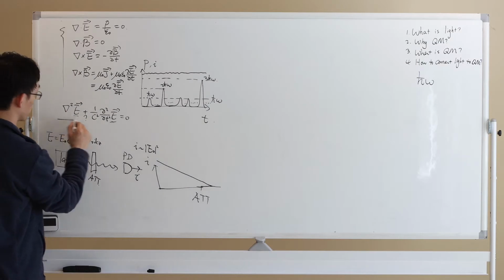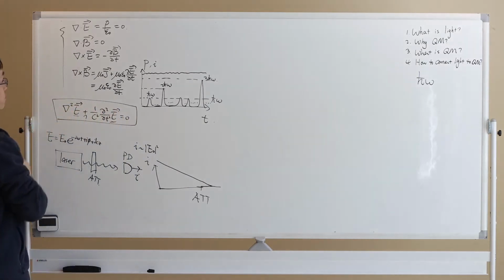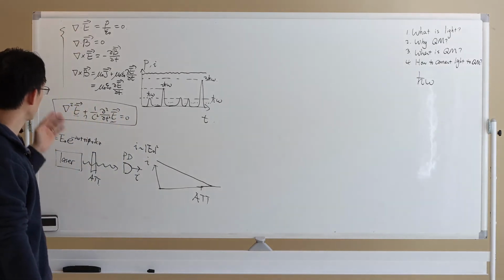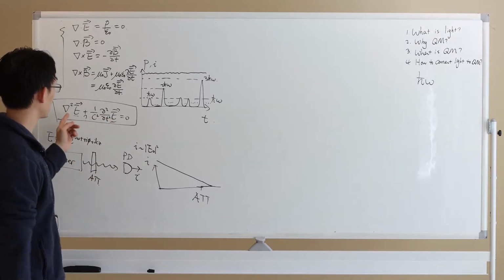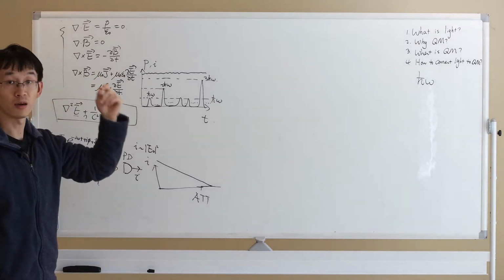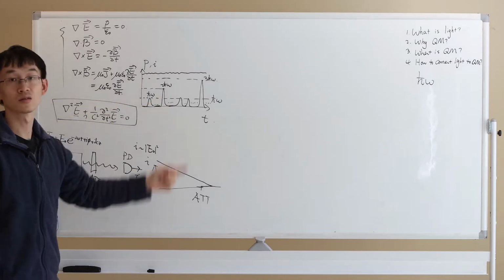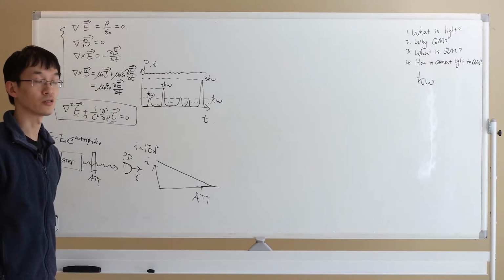Because when you look at your Maxwell equation and your wave equation, there's simply no reason that when your amplitude becomes really small, things start to change. There's simply no reason for that.